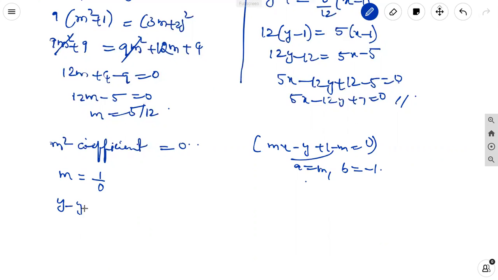Substitute m equal to 1 by 0 in the equation y minus 1 equal to 1 by 0 into x minus 1. So 0 cross multiplied, x minus 1 equal to 0. It is the second equation. This is the first equation.